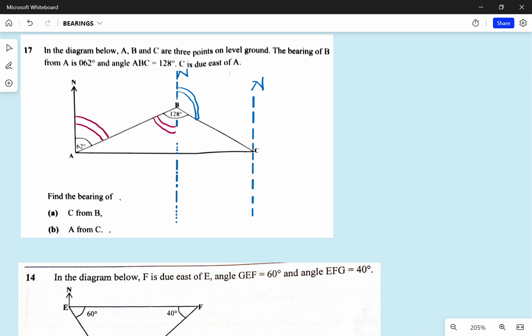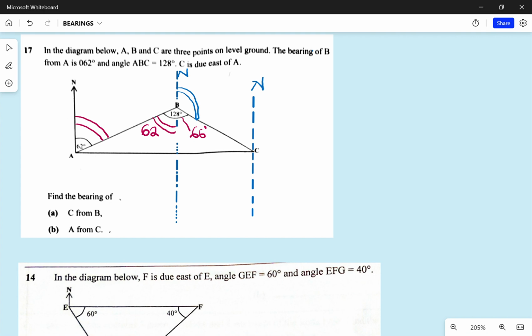And we know this angle is 62 degrees, okay, 062 degrees. So if this is 62, then I know that this is 62 degrees there, meaning from 128, my remainder now is going to give me, minus 62 degrees, I'm going to remain with this here as 66 degrees. 66 degrees is my angle here.